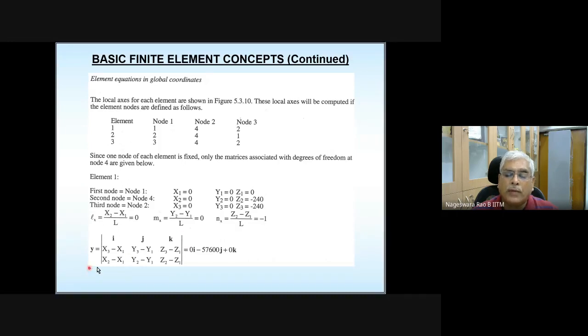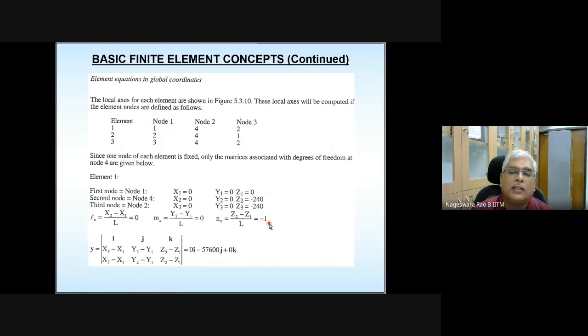After taking note of it, just listen to me. When you take x2 minus x1, y2 minus y1, z2 minus z1, what are you getting? You are getting the components of a vector which is pointing in the local x-axis direction.